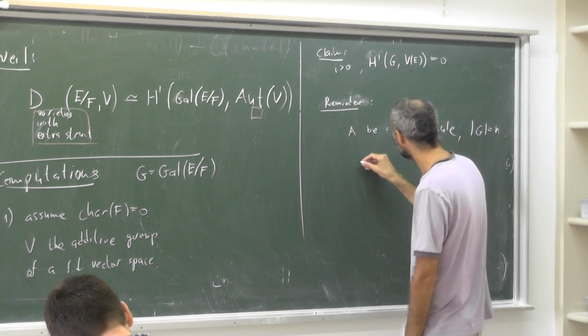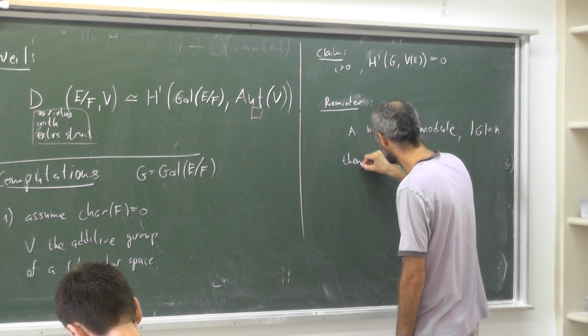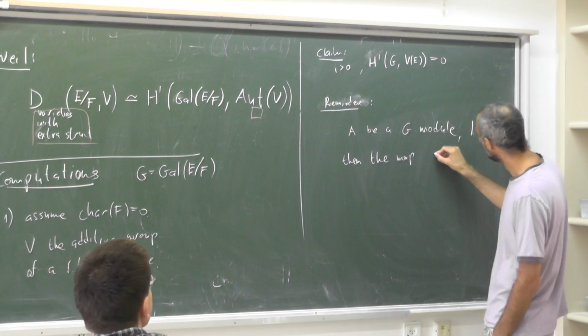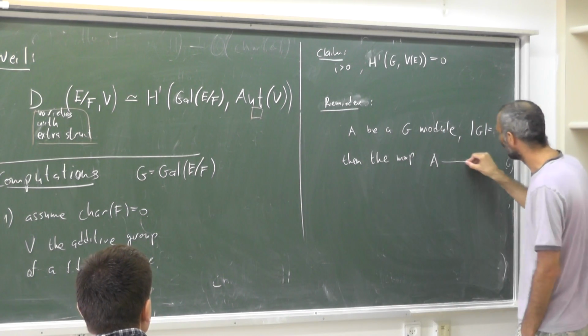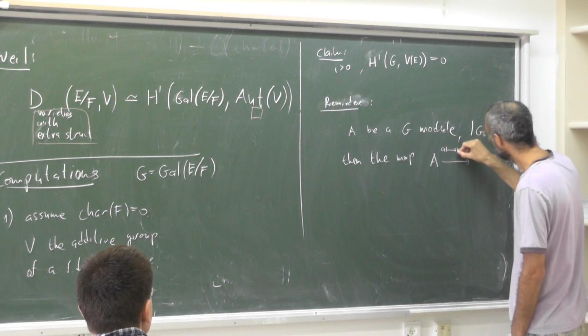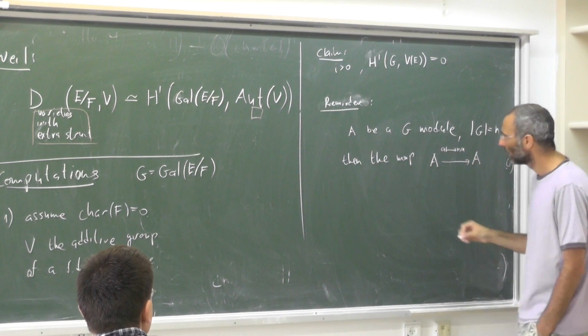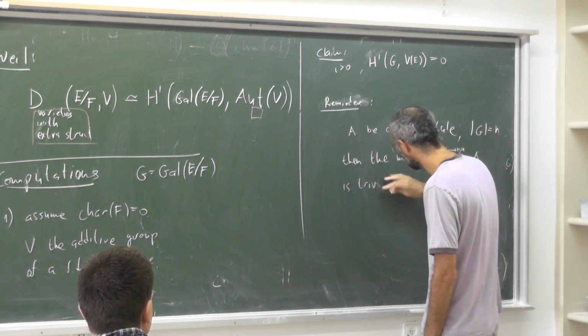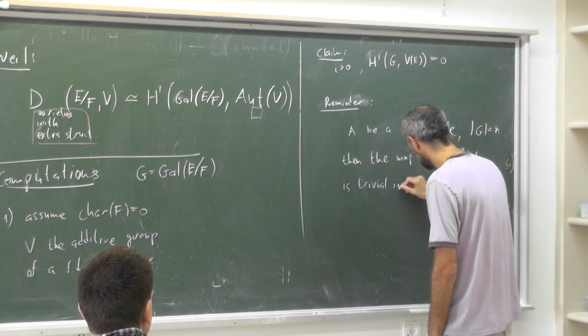My claim is that the map A goes to nA is trivial in cohomology.